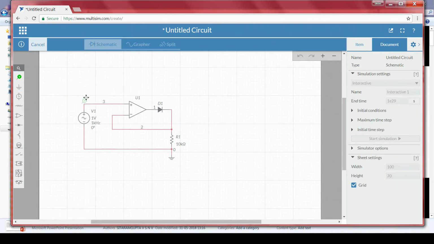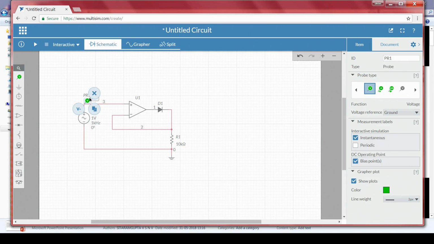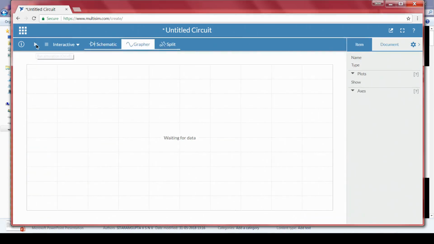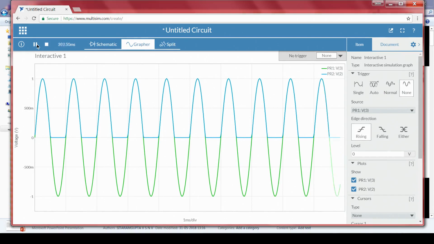Then to visualize both input and output, I am connecting green, which represents our input signal, and the other one, blue, represents our output voltage. Now, when we go to the grapher and run the circuit, the green is nothing but our input and blue is nothing but our output.